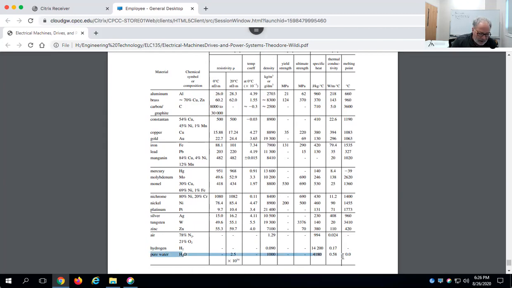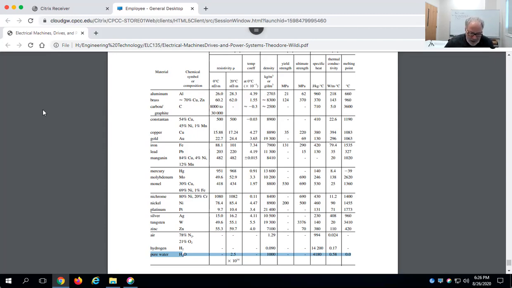For this particular problem, we're dealing with pure water. All water composition varies a little bit based on the minerals that might be dissolved in it. But for this problem, we're going to need to know the specific heat capacity of water.